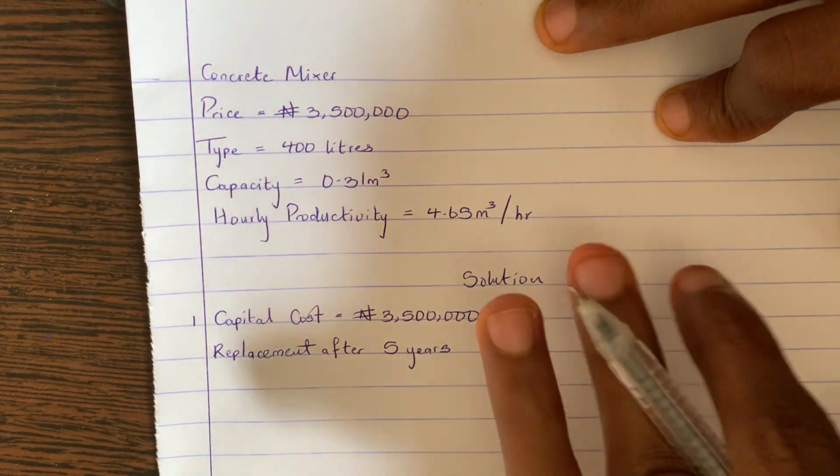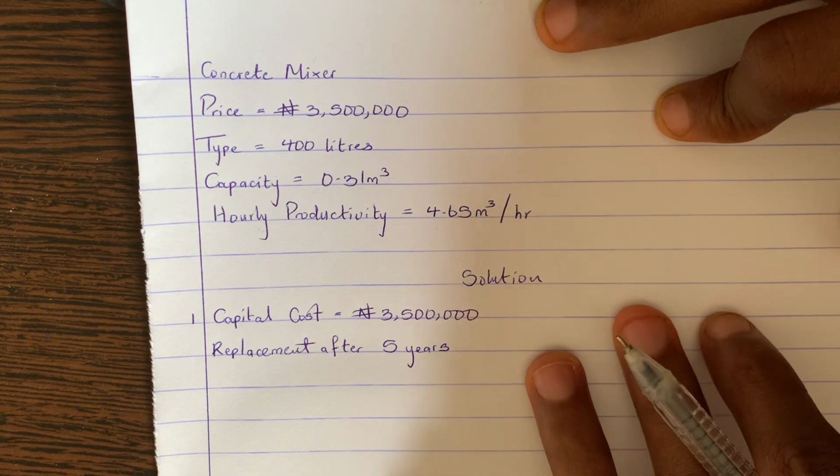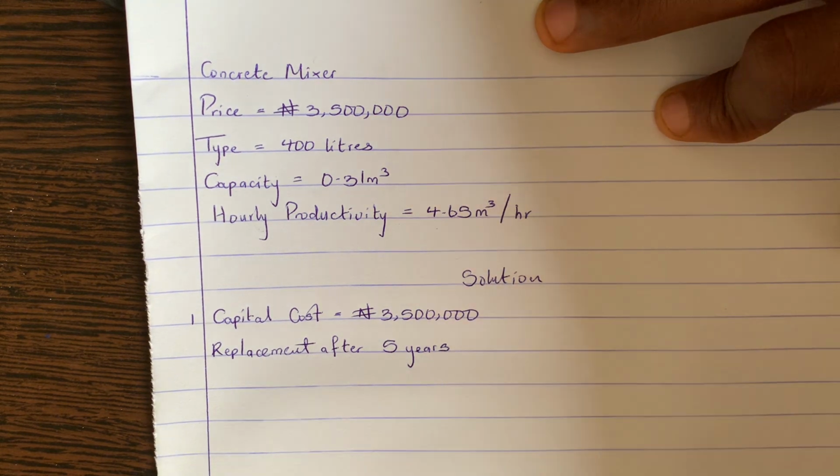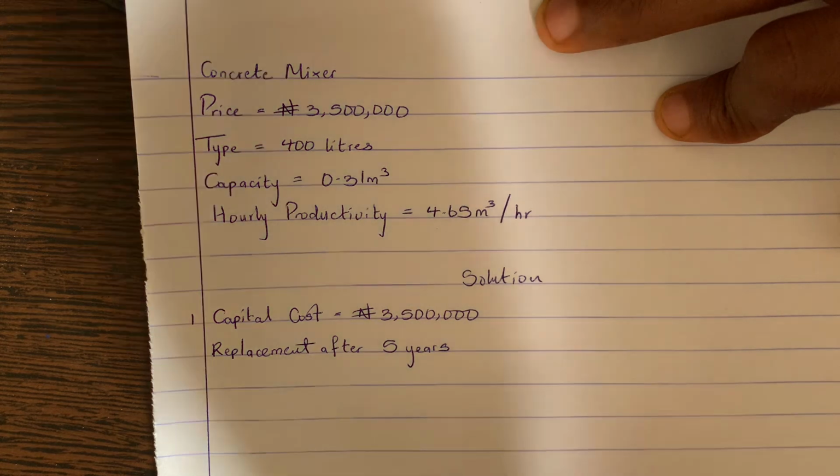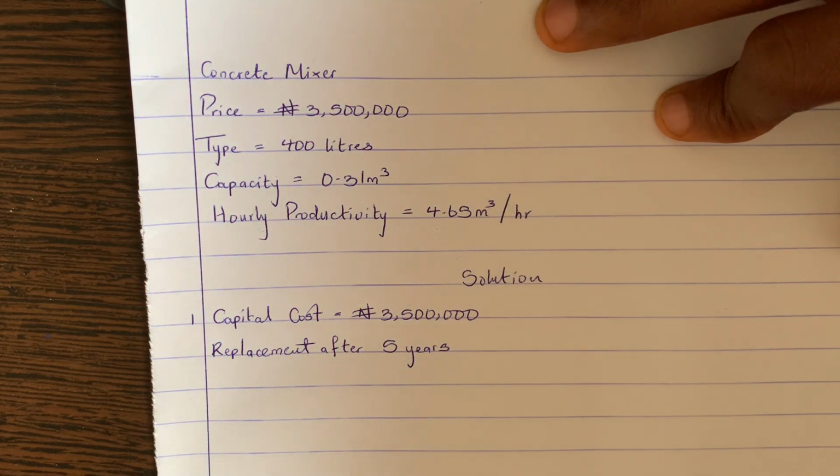As we bought this machinery new, it is working 100% efficient. So in the next 5 years, we need to know how much depreciation this machinery would go through per year, since we are going to be using the machine for 5 years. Every year, there's going to be 20% depreciation, because 100% divided by 5 years is going to become 20%.